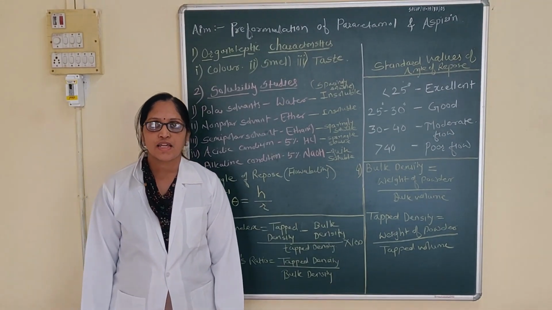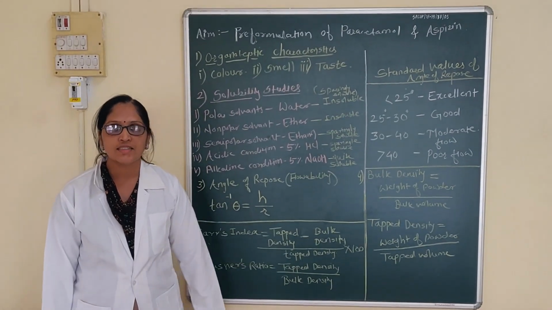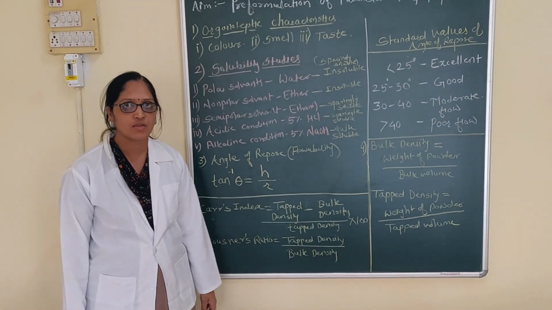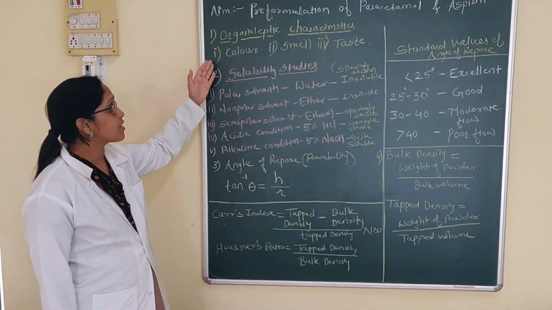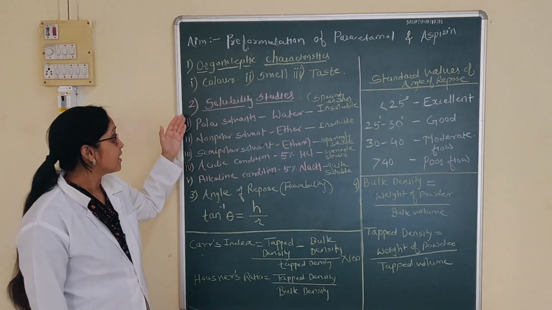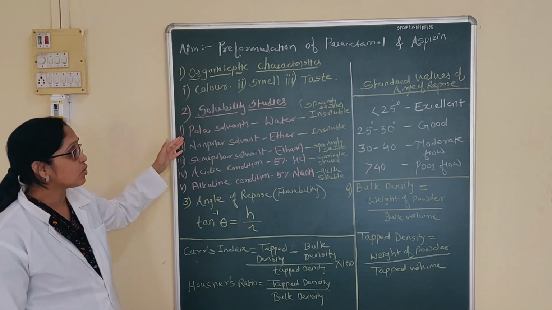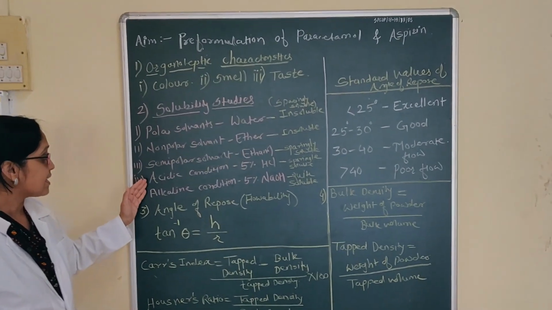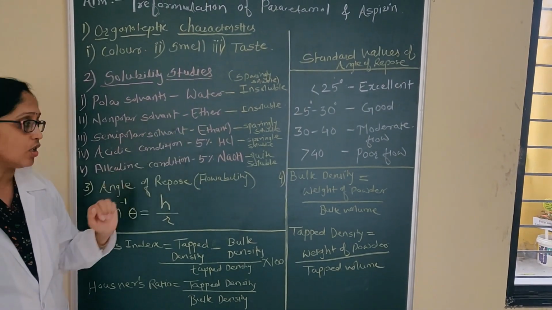Okay students, we have seen in short all the pre-formulation parameters for aspirin and paracetamol powder. We studied organoleptic characteristics: color, smell, taste. Then solubility studies in polar solvent like water, non-polar solvent like ether, semi-polar solvent ethanol.